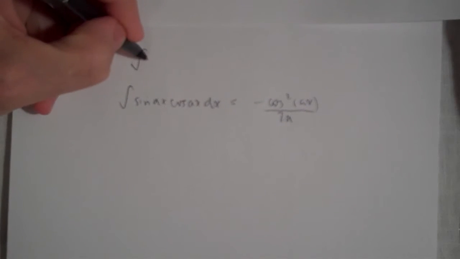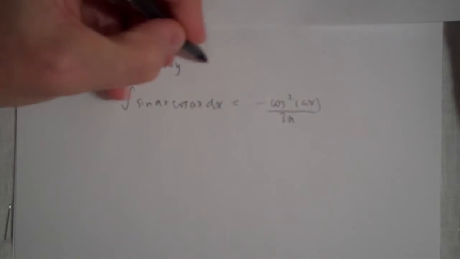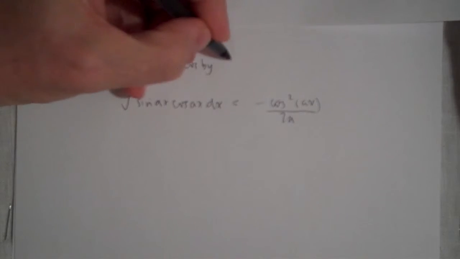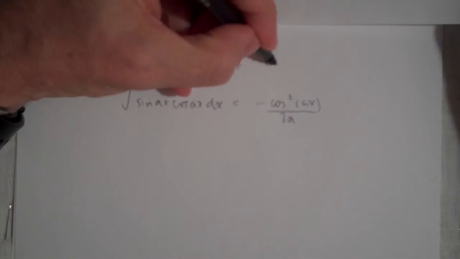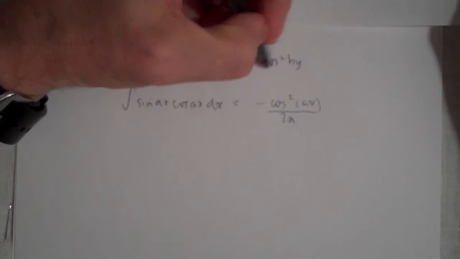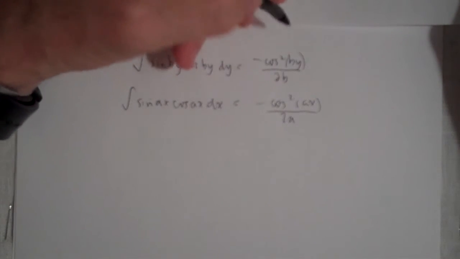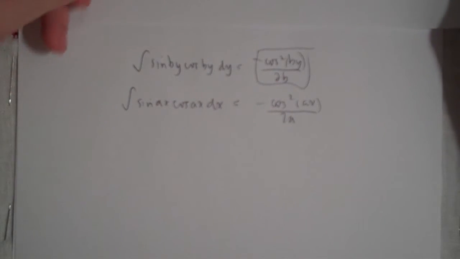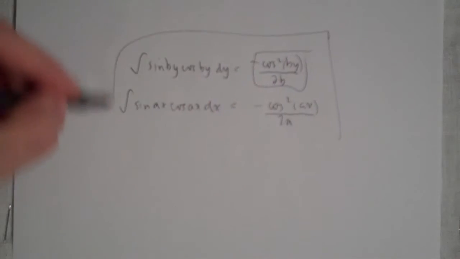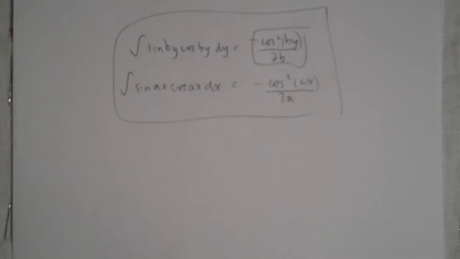Okay, so we looked up that integral. And it was minus cosine squared ax over 2a. So let's think about this. I've got too many a's here, so I'm going to rewrite this, okay? This is sine by cosine by dy is equal to minus cosine squared by over 2b. Okay? If that's true, then we can come back up here. We're out of space here.